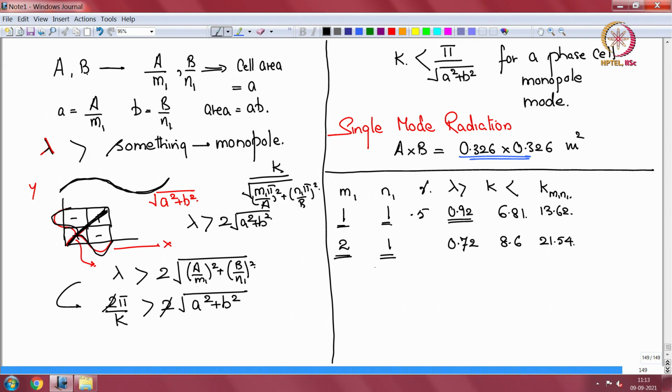Okay, and similarly if we go down, we look at m1 is 5, n1 is 1. Here the lambda has to be bigger than 0.66, k has to be less than 9.45, this is 49.14, gamma starts to go down.